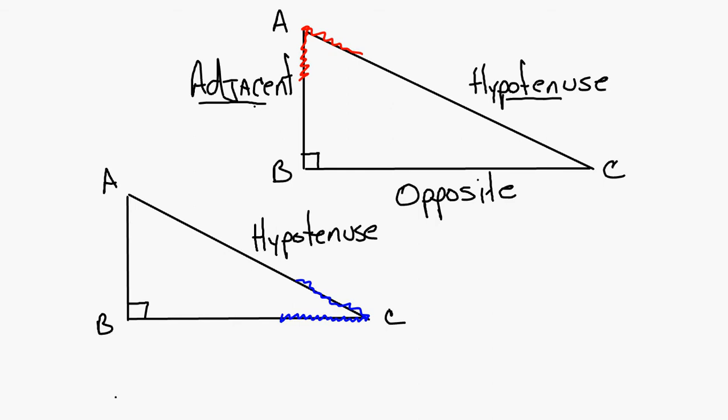Now, in relation to angle C, side BC is called adjacent, because it's next to angle C. So the side that is opposite of angle C is side AB.